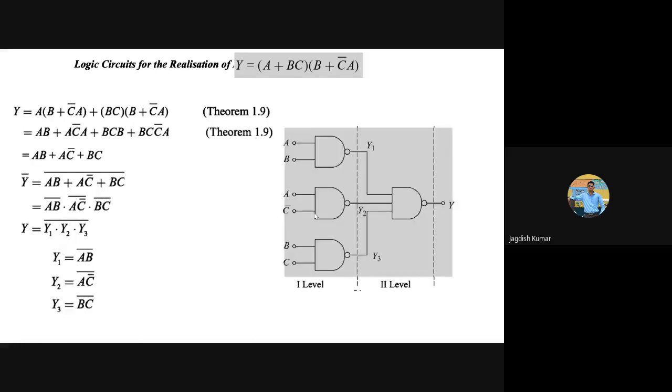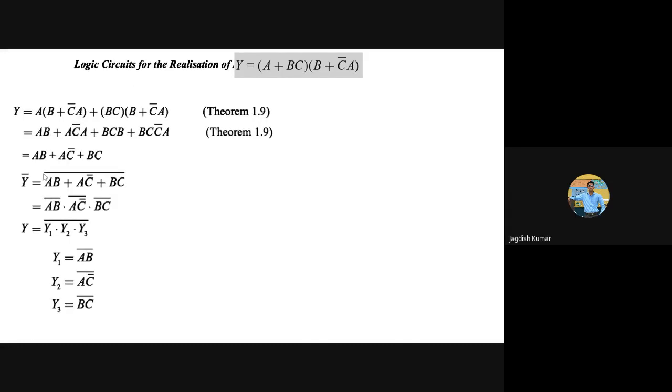Next, there is a question: can we do the same job with the help of NOR gates only? Try to use some common sense, try to use your own mind and see if we can. This was sum of products.